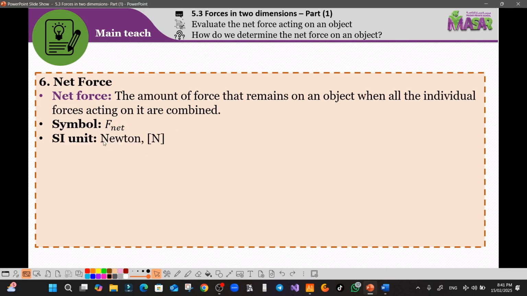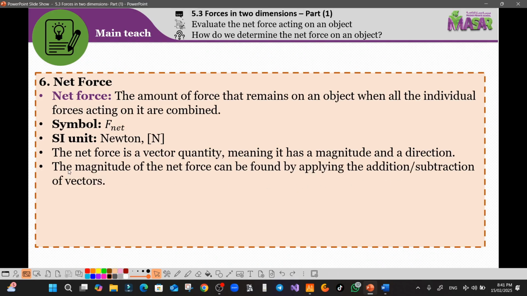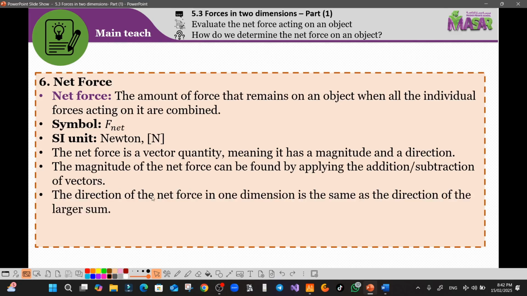The SI unit, again, this is just a force, and the unit is Newton. The net force is a vector quantity, which means we need to describe the magnitude and the direction of this force. Now, the magnitude of the net force can be found by applying the addition and subtraction of vectors. We will see how we can do that. And the direction of the net force in one dimension is the same as the direction of the larger sum.